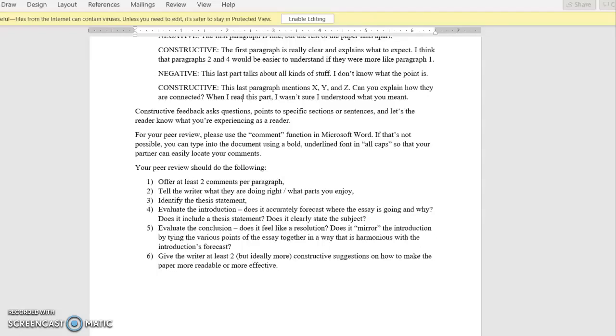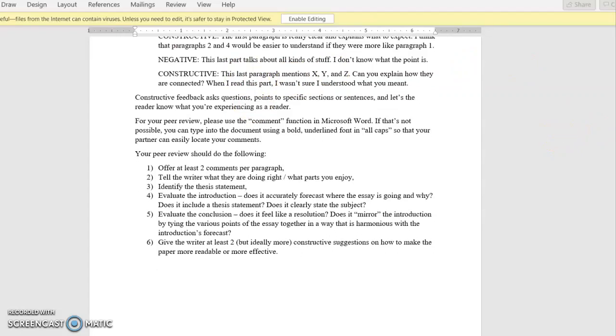There's different ways to phrase what you're experiencing as a reader, and that's much more useful information than, this part is weird. Okay, so be specific, and try to be as constructive as possible.